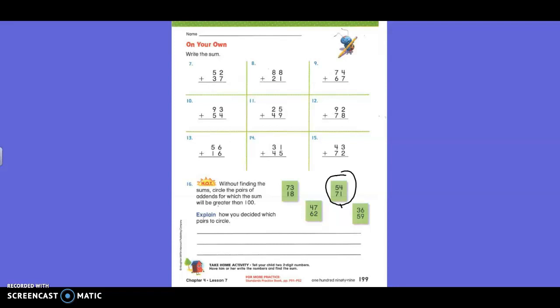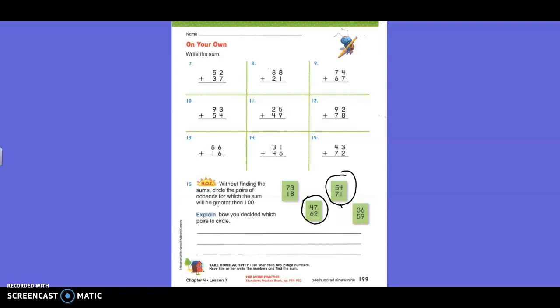Is there another group of addends that you think would be more than 100? Manon? 47 and 62. Now tell me why you think that. Because the 62 is bigger than 50, and I thought the 47 was just big enough to get it over 50. Okay. 62 is 12 over 50, right? 47 is only 3 under 50.